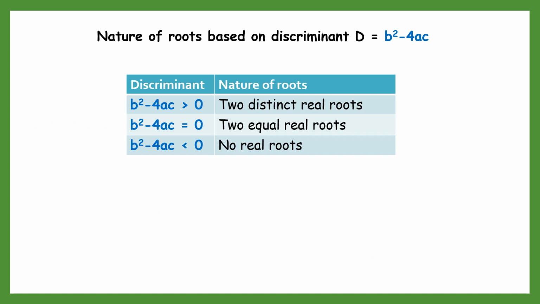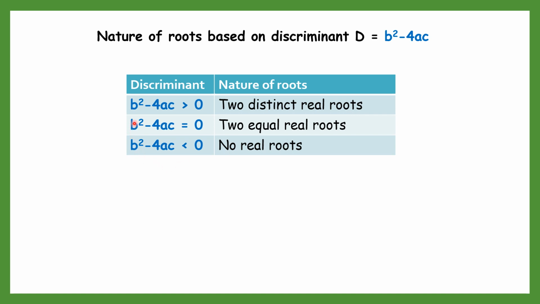Nature of roots based on the discriminant D, which is b square minus 4ac. If the value of b square minus 4ac is greater than 0, you will get two distinct real roots. That means you will get two real roots, and those two real roots will not be equal.